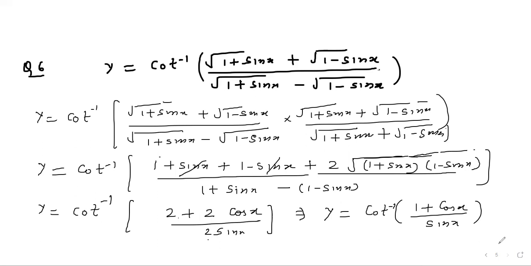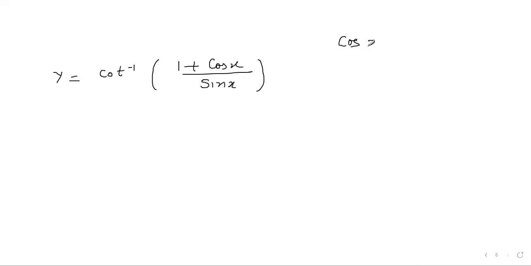Now, our next step will be y equal to cot inverse (1 plus cos x) divided by sine x. We know that cos 2 theta equal to 2 cos square theta minus 1.